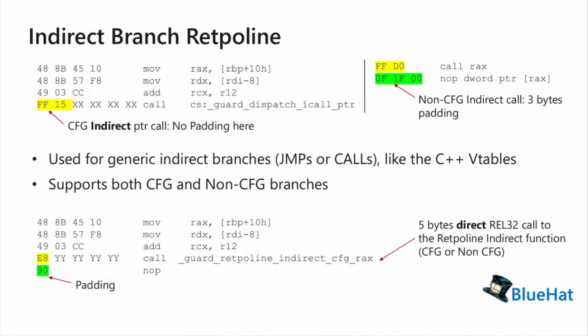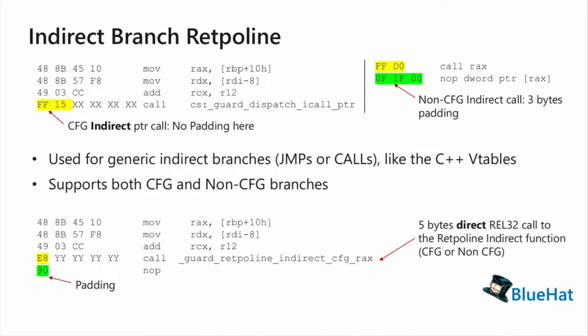Next is the indirect branch Retpoline. It's similar to the previous case, but it's used for indirect branches that target code residing in another module. It's used for generic indirect branches, and we can support indirect branches that are non-CFG, like a simple call to RAX, or even indirect branches that are CFG compatible, where there is a CFG check function.